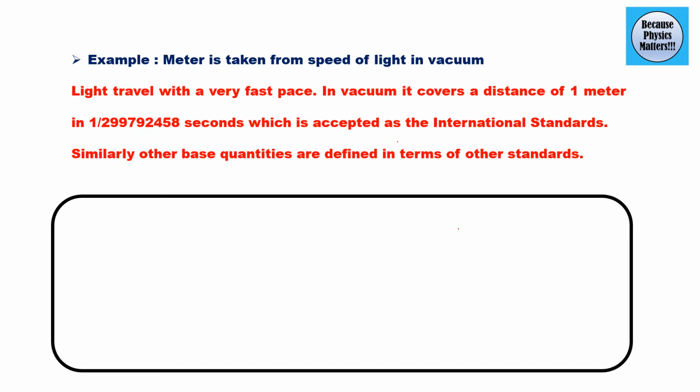So in vacuum it covers a distance of 1 meter in this small fraction of time, 1 by 299,792,458 of a second. So that was accepted as a unit for distance measurement. Similarly, the other units were accepted according to different standards.